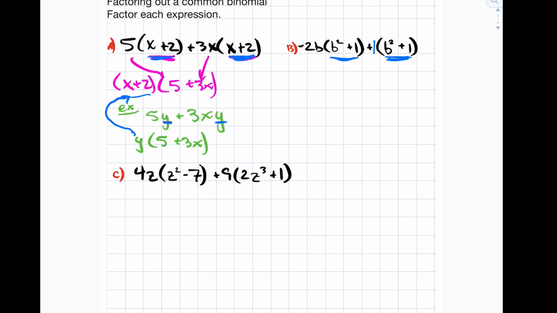So let me factor out that b squared plus 1, and the second parentheses is going to be negative 2b. Remember, this slides into the second parentheses, plus 1. And there we go, we're done. You could factor out a negative sign in the second one if you want, but we'll just leave it like that. It's factored.